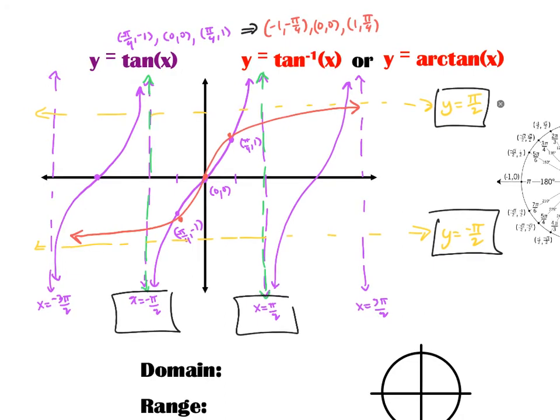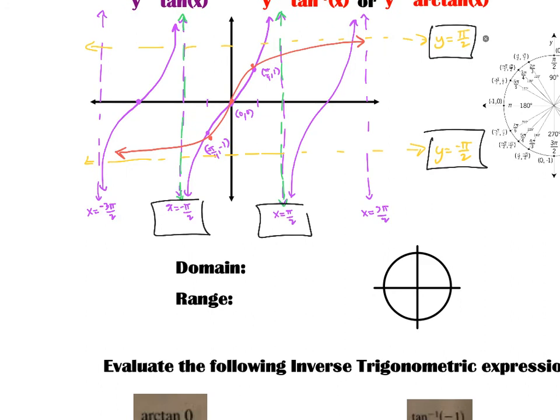Okay, so the domain and range of arctangent. The domain of arctangent is like the range of tangent. There's no restriction. So we could say all real numbers, or you could say from negative infinity to positive infinity. I can plug any number into tangent with no restrictions. Okay, but the range is going to be restricted.